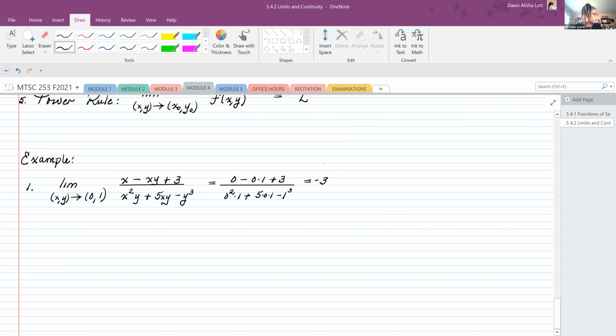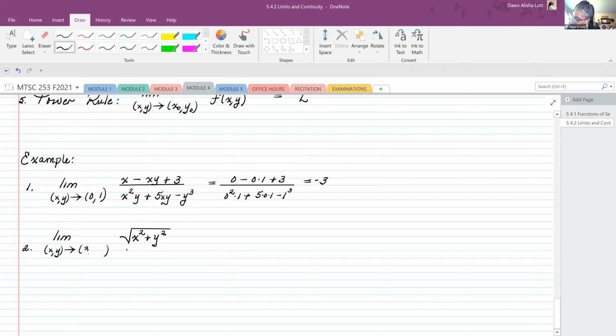Okay. And number 2. The limit of the square root of x squared plus y squared, and they are approaching, what did I write? (3, 4)? (3, negative 4).